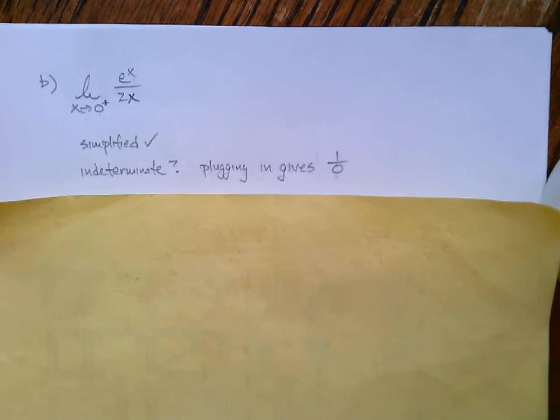No, that's not in the list. And if it's not in the list, it means we know how to get an answer to that already. Not only do we not fall back to L'Hopital's rule, it would not be appropriate to go to L'Hopital's rule. L'Hopital's rule, if we performed it that way, would actually give us a wrong answer here.